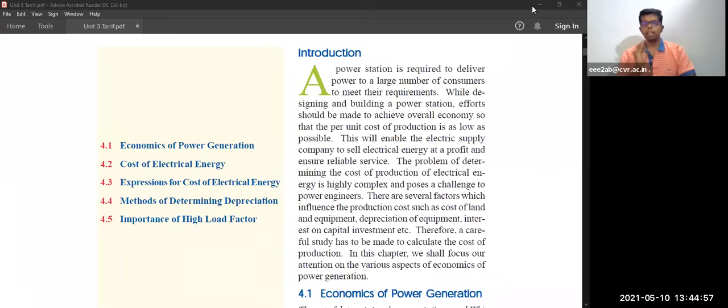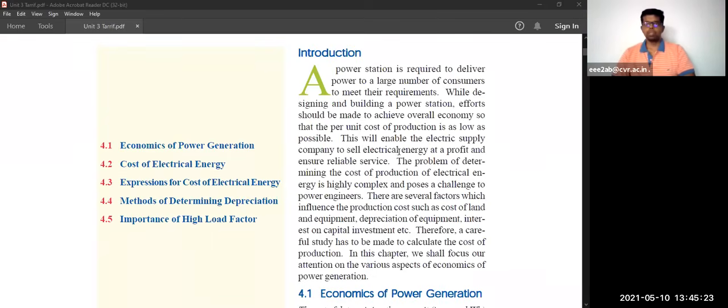The capital cost for constructing the power plant will increase, and this is directly proportional to your tariff. So if the capital cost increases, your tariff also will increase.